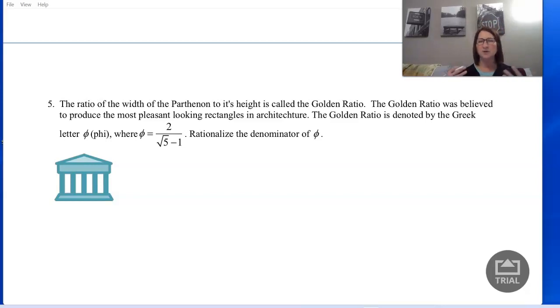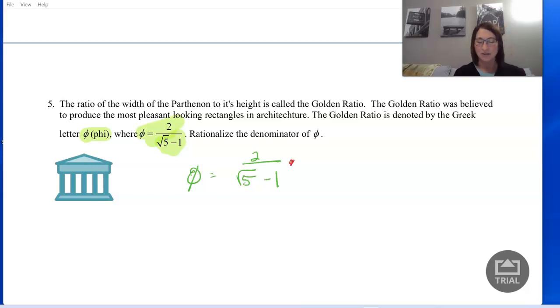It is denoted by the Greek letter phi, where phi is equal to 2 over the square root of 5 minus 1. We are being asked to rationalize that denominator. So we start with phi equal to 2 over square root of 5 minus 1.